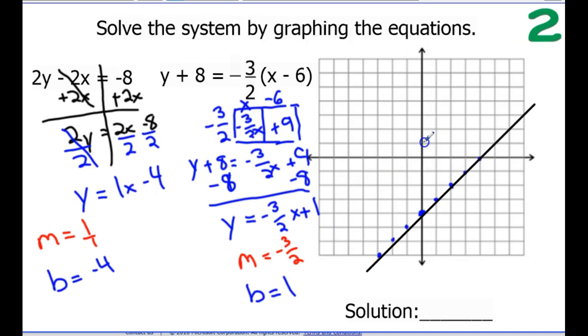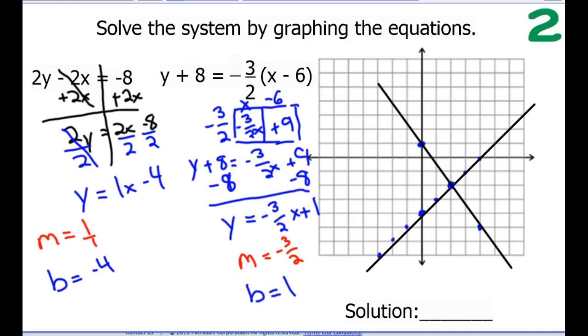So we begin at 1. We're going to go down 3, 1, 2, 3, and over 2. Down 1, 2, 3, and over 2. So if we wanted to make our line through those 3 points, it would look like that.